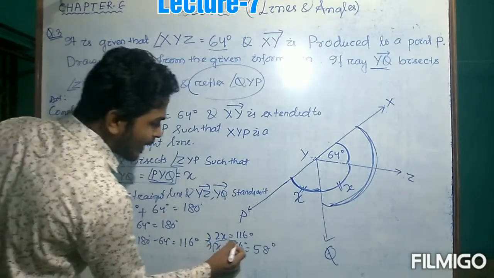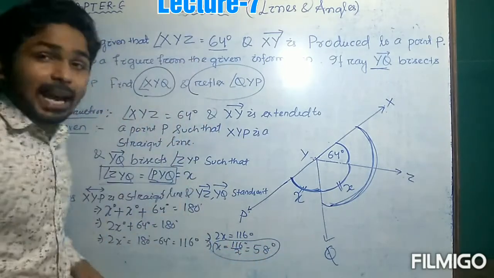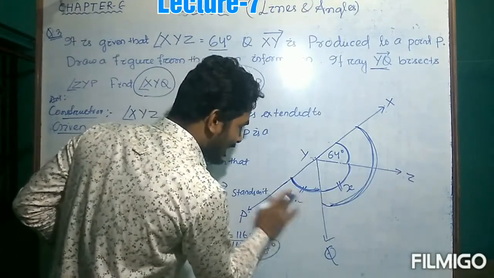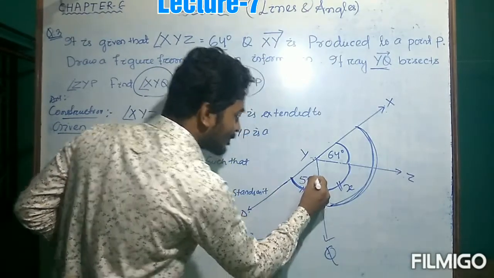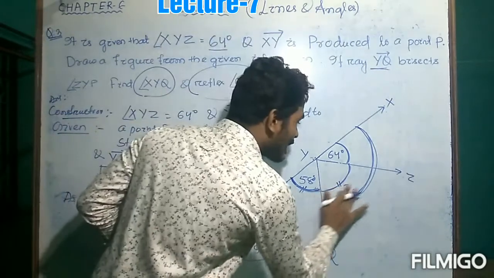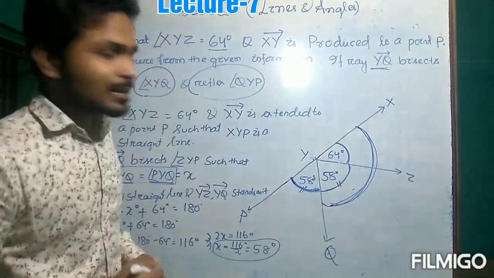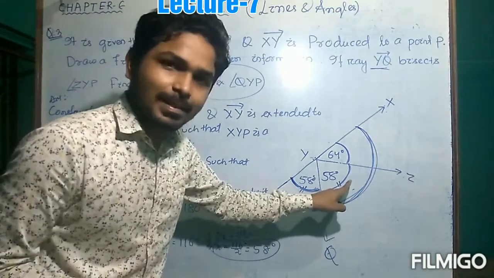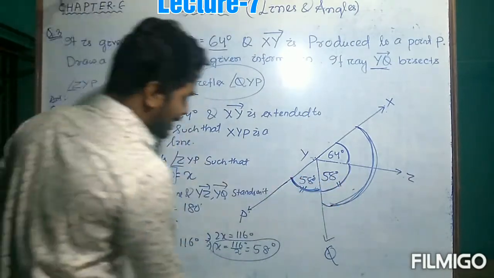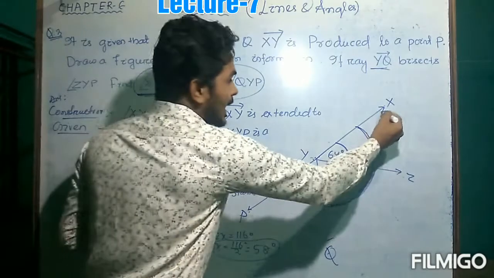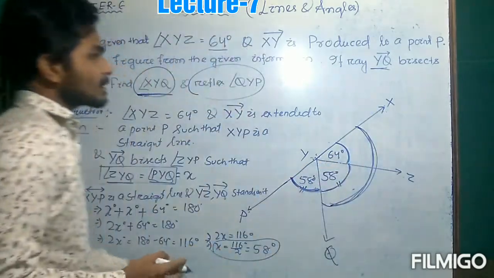Then you find the value of x to be 58 degrees. Hence, this angle's measurement is 58 degrees, and this angle's measurement is also 58 degrees, as these two angles are equal. Understood? Now we have found these two angles. Next, you have to find which angle? Angle XYQ.